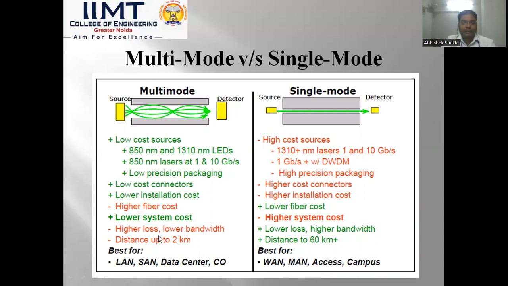Multi-mode can be used for up to a distance of 2 kilometers, whereas single mode can go more than 60 to 100 kilometers. Means we can connect one city to another city using single mode fiber. Whereas multi-mode is used only for short distance, although it requires a very low system cost, whereas single mode fiber requires a higher system cost. So without the cost concern, it can bear a lot of things.